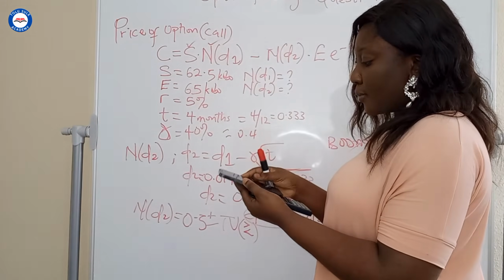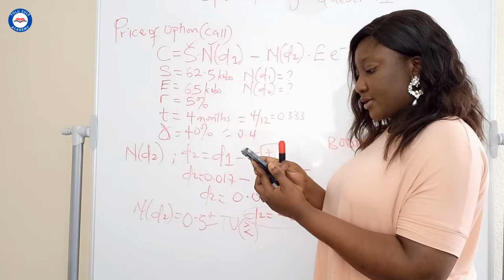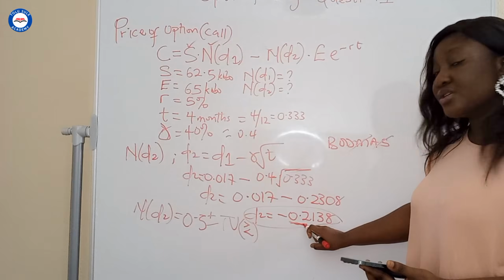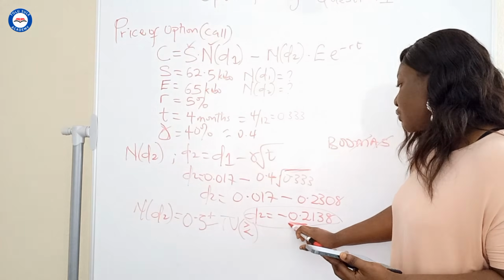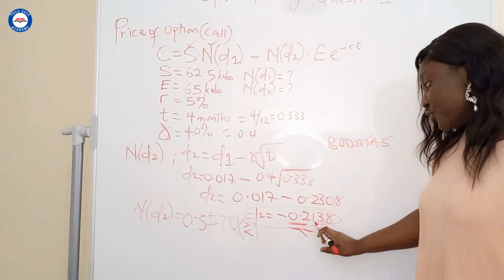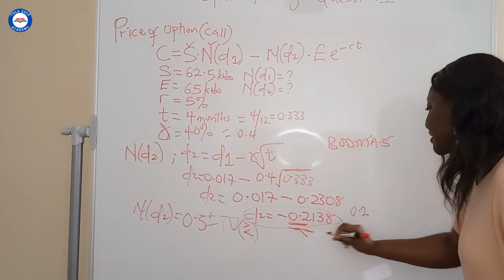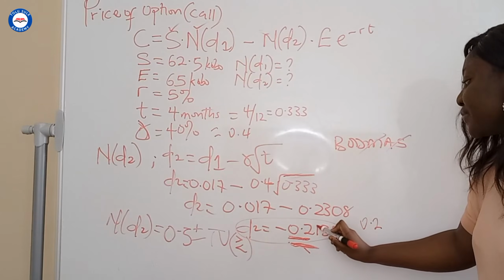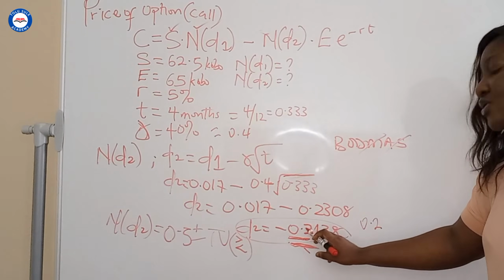So get to your normal distribution table, which you can see on the screen. 0.2. We pick the first two digits: 0.2. The former one was 0.0. This one is 0.2 under 0.01. Oh, it's not 0.21, it's 0.2. That's the first thing you can see. So you want to pick the third digit now. You're actually trying to pick this third digit, so ignore this 2 that is here.